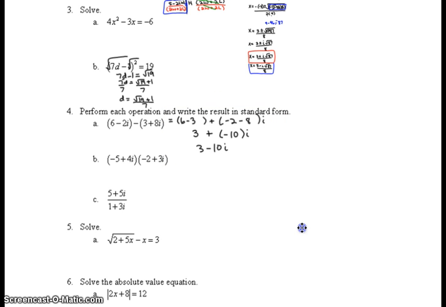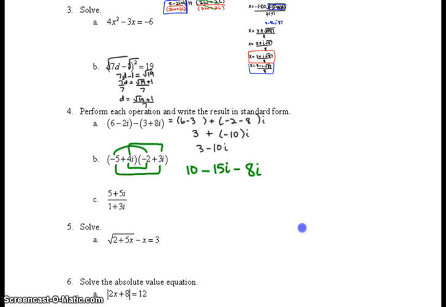Okay, on B, we have multiplication, so we're going to do the FOIL method. Negative 5 times negative 2 is positive 10. The outside terms are negative 5 times 3i, so that's negative 15i. The inside terms, 4i times negative 2 is negative 8i.